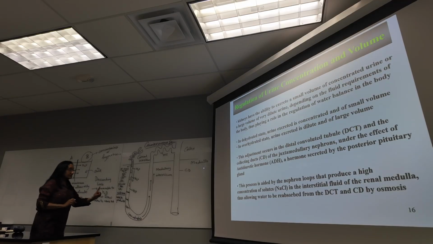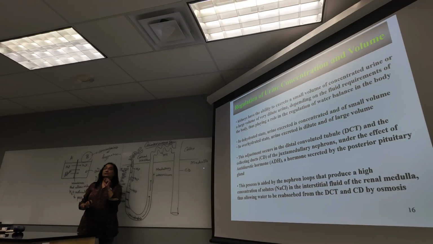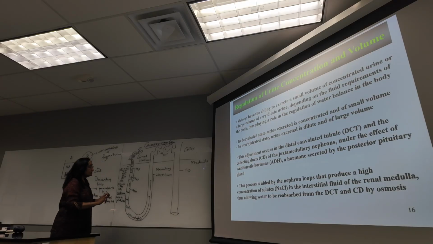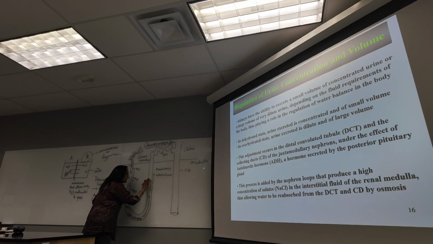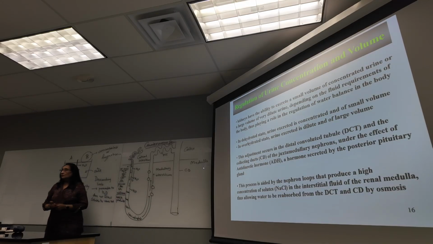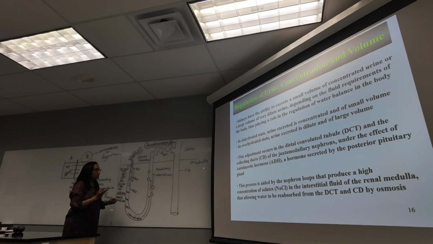Now, the ascending limb is the one that is key. The ascending limb has a lot of transport proteins. What are these going to transport?